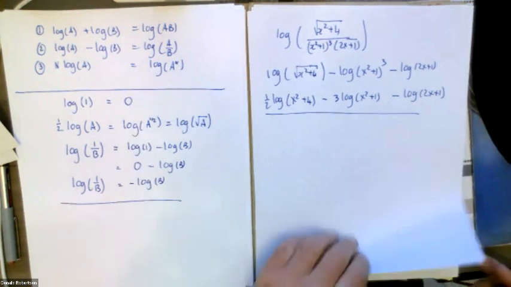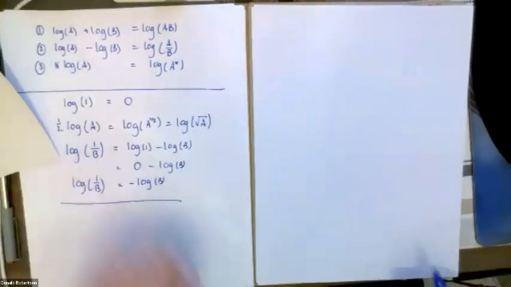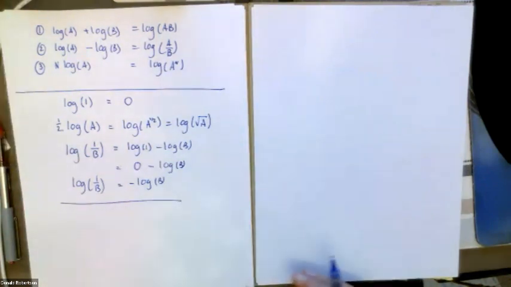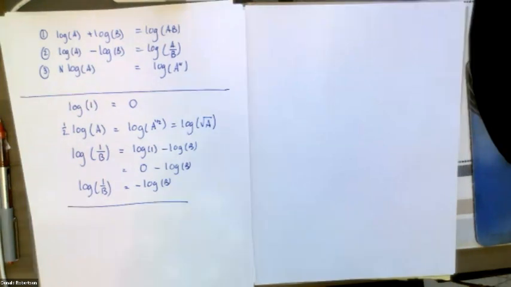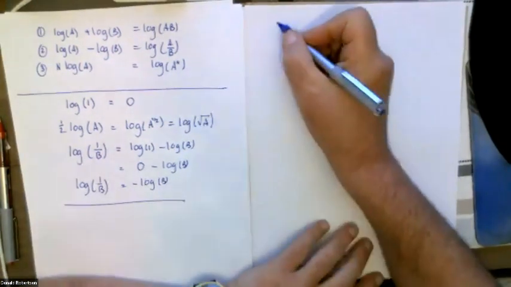So let's look at the opposite direction. Suppose you have been given an expression made of multiples of logs, and you're being asked to combine them into a single log. So it's really what we just did, but in reverse.